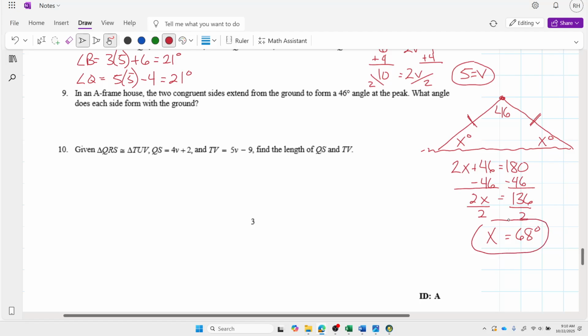So each of those base angles is 68 degrees.